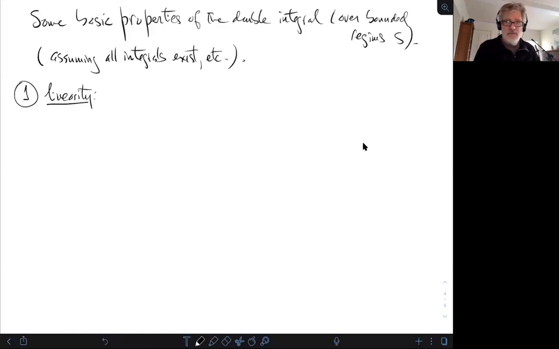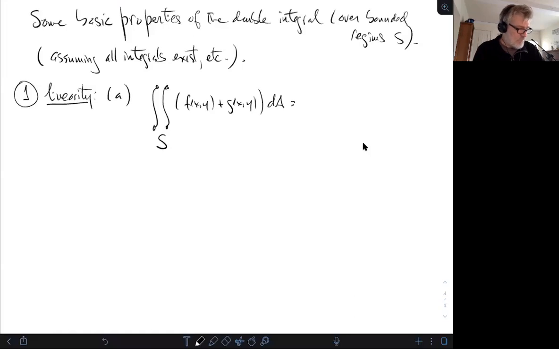And basically what this says is that the double integral over S is a linear transformation, but you don't need to know that. So here, what I mean by linearity, there are two properties. The first one says, and this will not surprise you, that if you take the double integral over S of the sum of two functions, then you can split it as the sum of the integrals.